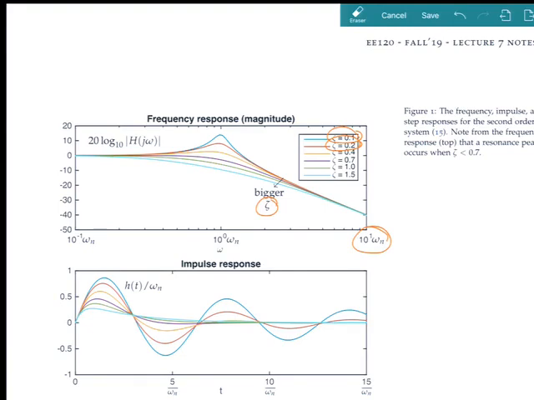But if zeta is smaller than 0.7, you start getting these peaks, and those peaks get really, really big as zeta gets smaller, and you get horrible resonances. That's why soldiers are told not to march when they are crossing a bridge, for example. A bridge has this resonance frequency, you don't want to excite that, right? For obvious reasons. And there are all kinds of cool examples, not cool and scary examples, of resonance as well. Maybe one day I'll play you something.